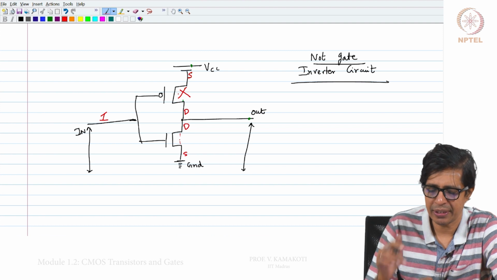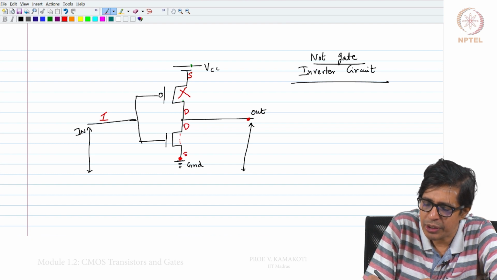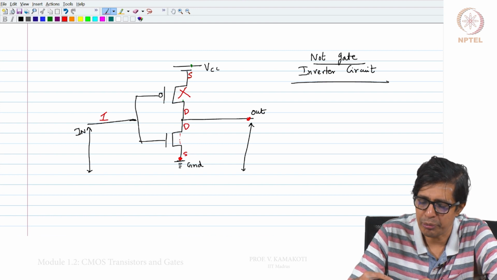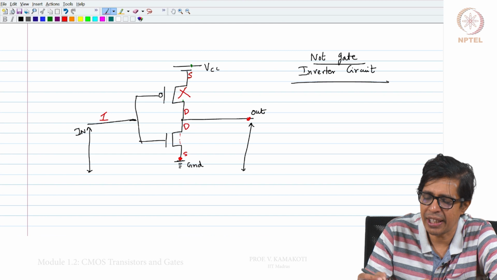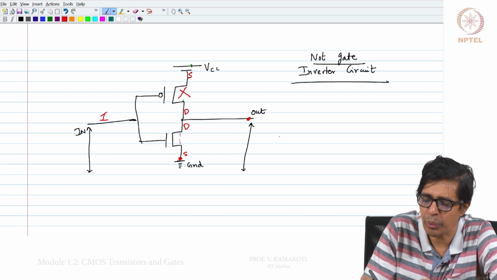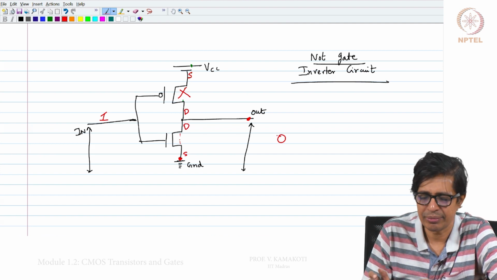So, this is open. This point is equal to this point because this is closed and this is open. When I measure the voltage across this, what we get is ground, because these two are the same. So, I get ground voltage which is 0. So, when I apply a 1, I get a 0.